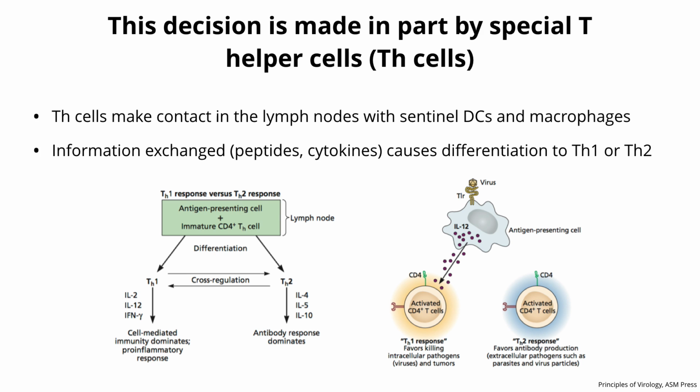We have our antigen-presenting cell, which has come into the lymph node, and it's presenting antigen. And depending on the nature of the antigen, so depending on what toll-like receptor it has interacted with, or cytoplasmic helicase, the nature of the cytokines that are produced, it can either cause differentiation of the CD4 into a Th1 or a Th2 response.